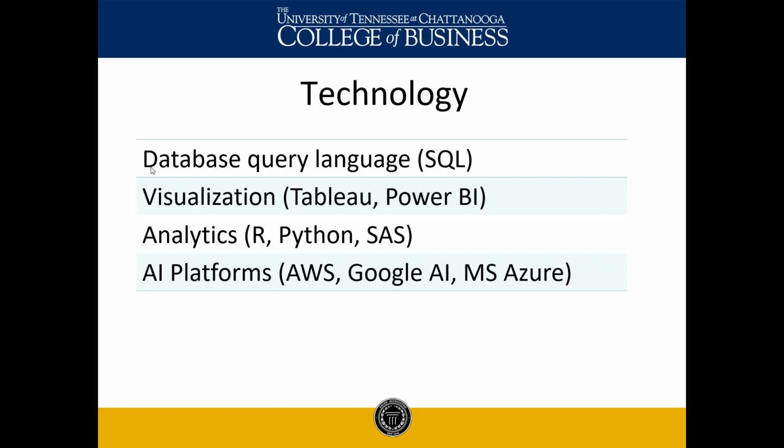R is specifically for statistical analysis, so it's relatively a little simpler, more direct, but it can only do statistics or statistical analysis. Whereas Python is a more generalized language platform. It can do lots of different things, including analytics.